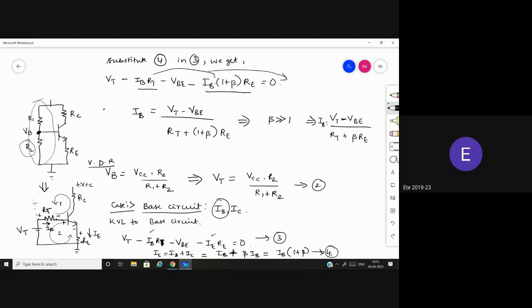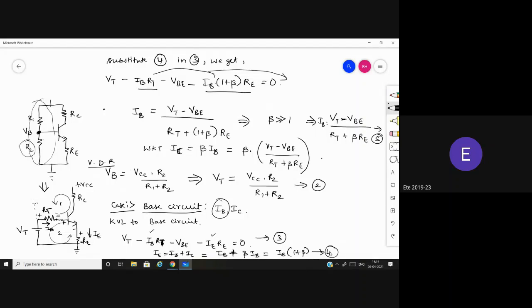Now from this we know that IC is equal to beta times IB. Since we know the equation for IB, take this as equation number 5. On substituting equation number 5 in this, we get IC equal to beta into Vt minus VBE divided by RT plus beta RE.